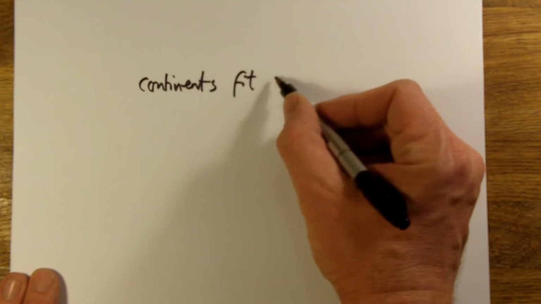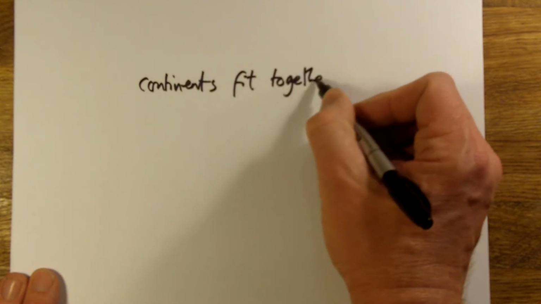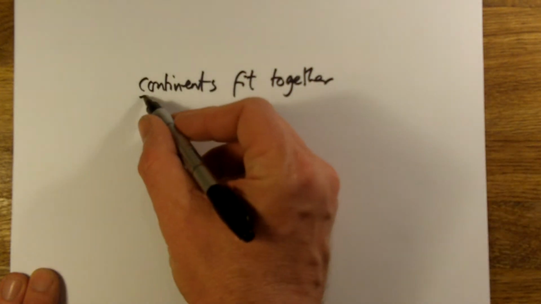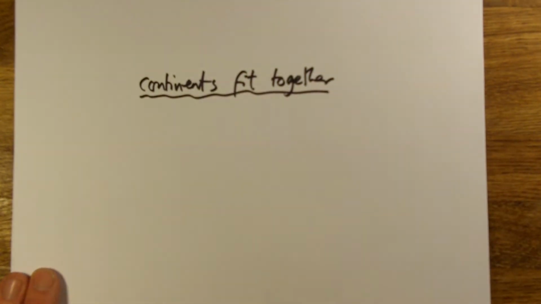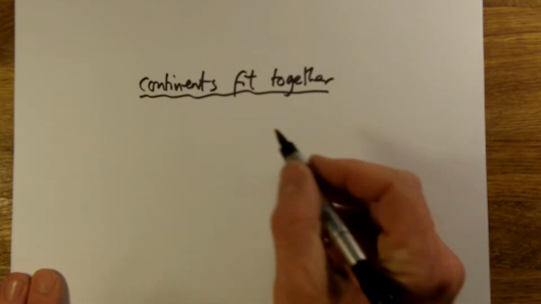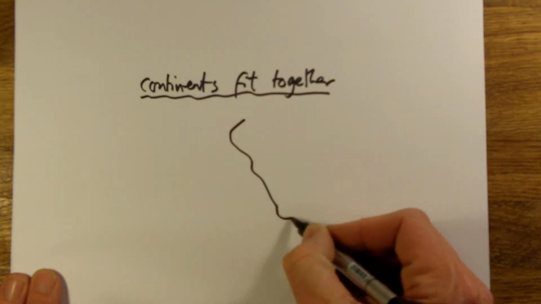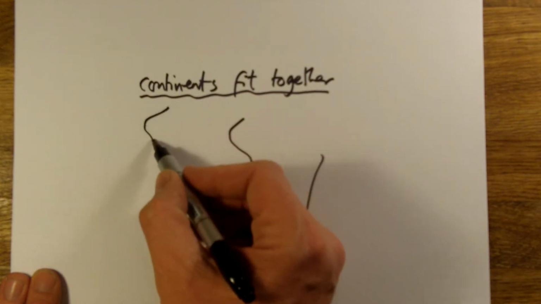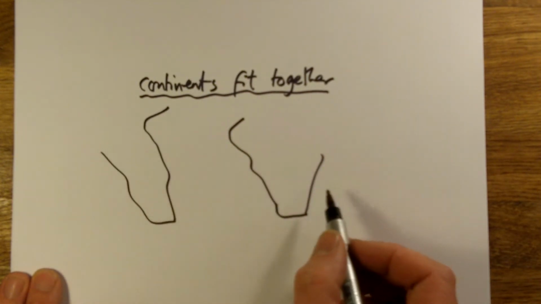Obviously, if you look at Africa and South America, then there is a sense that they might fit together like pieces in a jigsaw. So Alfred Wegener, when looking for evidence, effectively what he was trying to find was any similarities between the west coast of Africa and the east coast of South America.